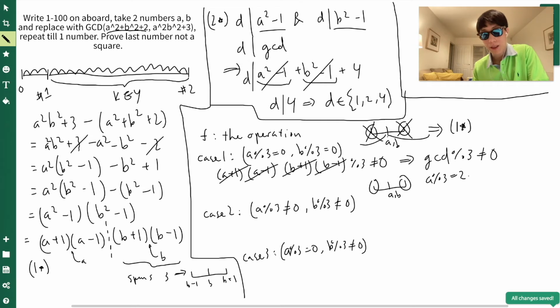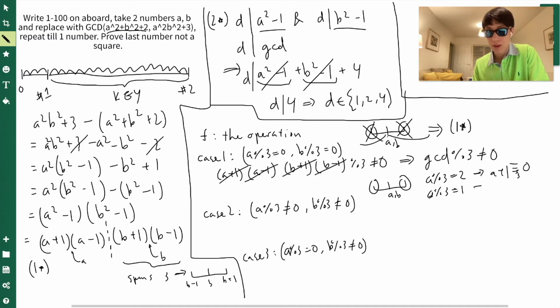Well, I know that then a plus 1 is a multiple of 3. This is like a mod 3. This means the same basically. It's just a notational difference. And the same case is like, what if a mod 3 is equal to 1? Well, in this case, then a minus 1 would be congruent to 0 mod 3.